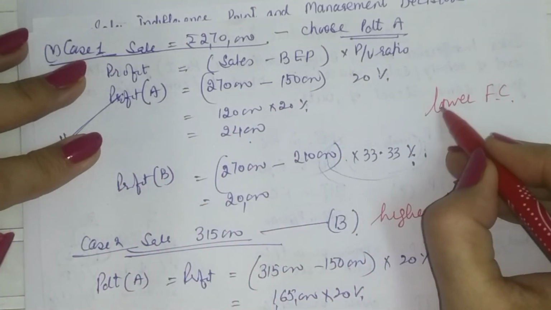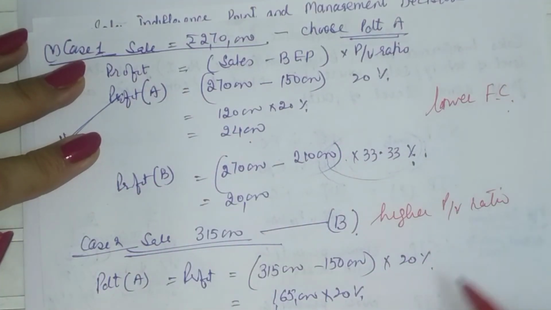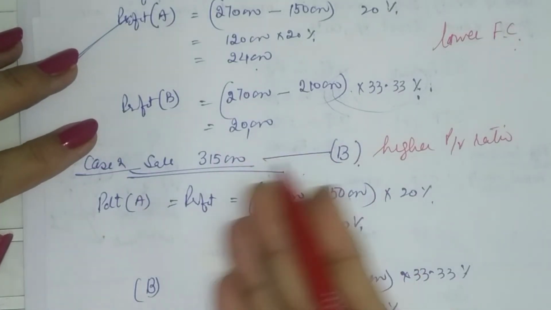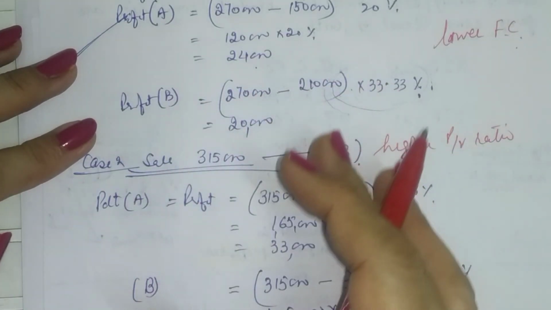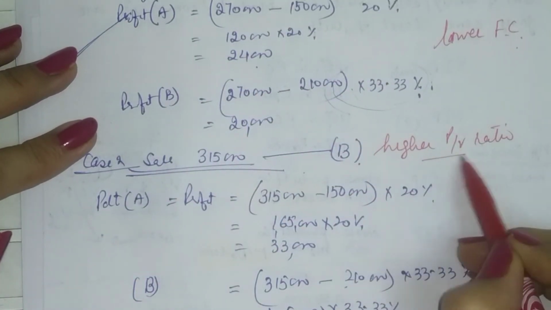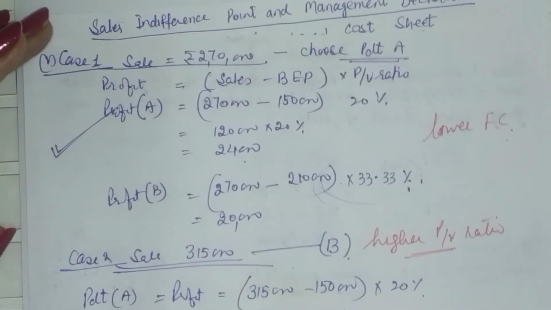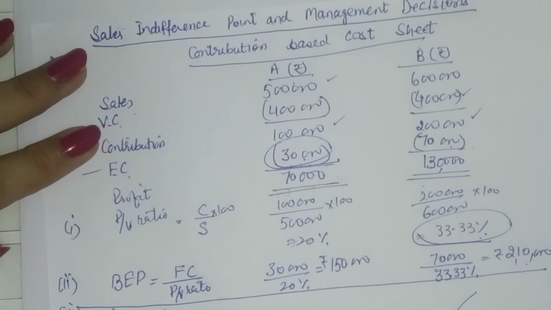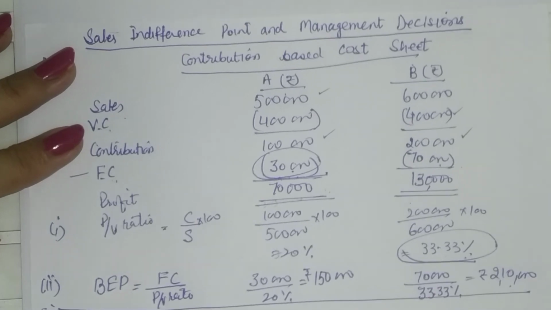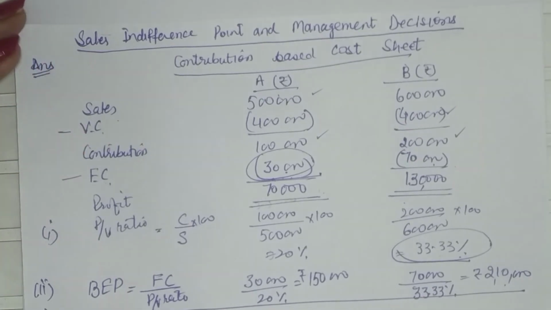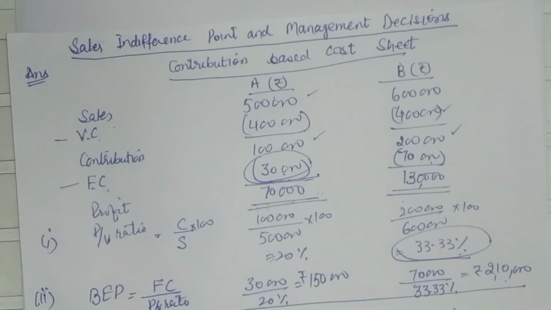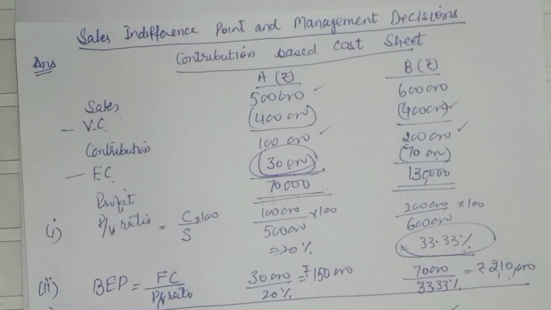So you should choose this lower fixed cost. Whereas in this case, when you go beyond this, then you are at a profit level. So you should choose higher PV ratio. So this is how sales indifference point can be used for making managerial decisions regarding choice between different methods or choice between different product lines.